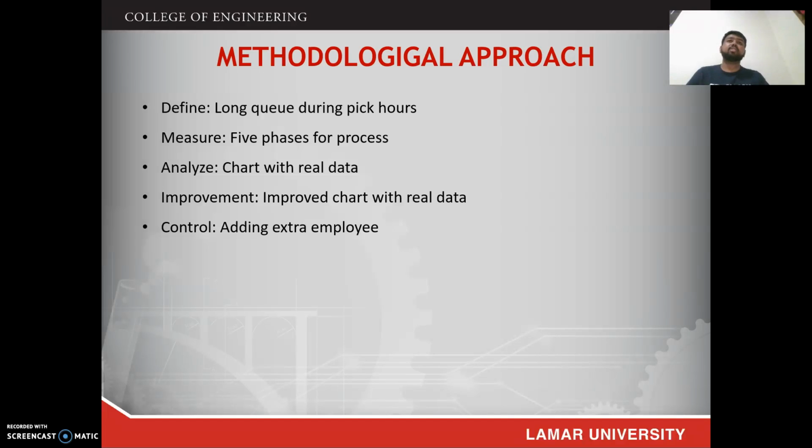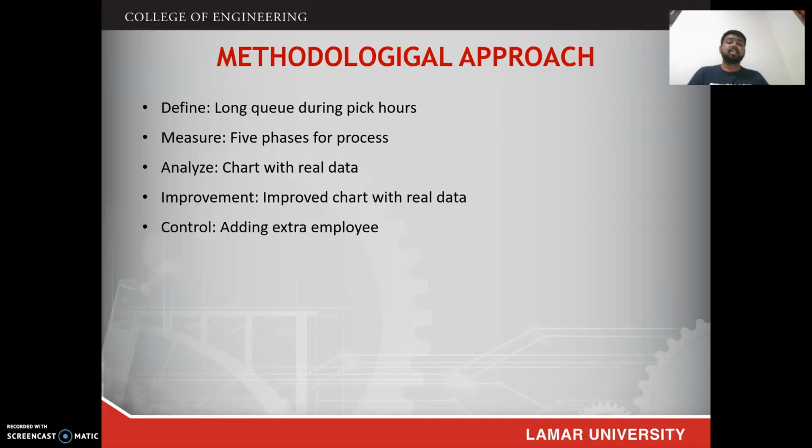When you enter the Subway, there is a long queue during peak hours. Some customers see the line and run away because they are getting late for their class or late for their work. So people don't want to wait in the queue.